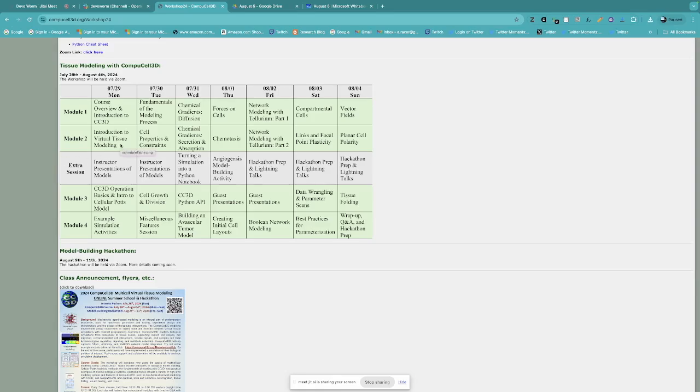It looks like there is a lot of stuff here. You had the introduction to the platform, virtual tissue modeling introduction, basics and intro to cellular Potts modeling, which of course is kind of like a cellular automata, but it's a physics model that doesn't model mechanics necessarily.